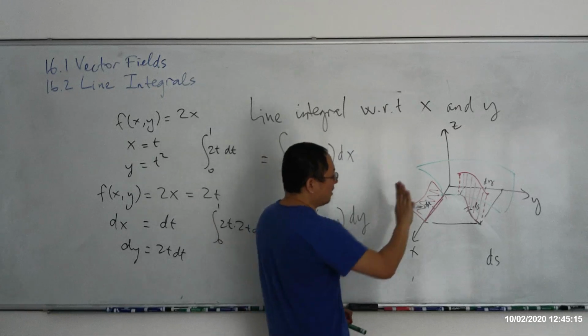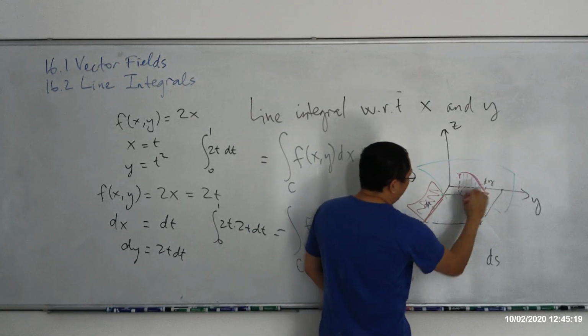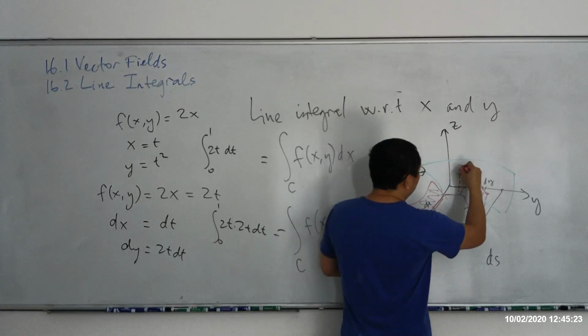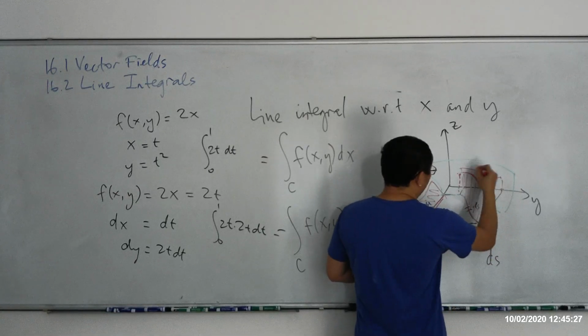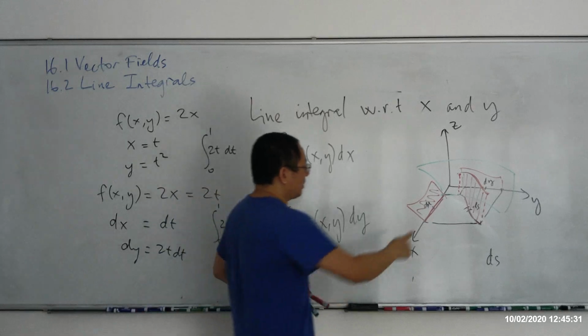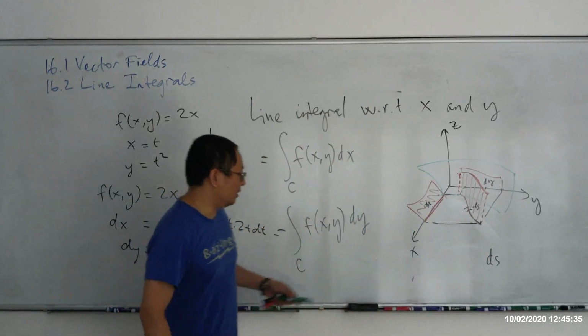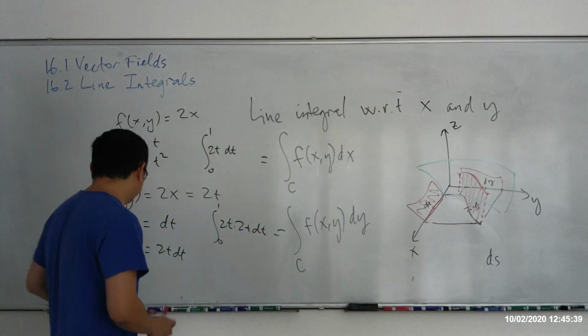Similarly for dy, you project that little red curve right here to the y-axis. You're going to have something right here. And then from y1 to y2, you're talking about this area on the y. Things get more complicated if the curve keeps moving back and forth, and you have to break it into many little bits and calculate. But roughly, that was the idea.